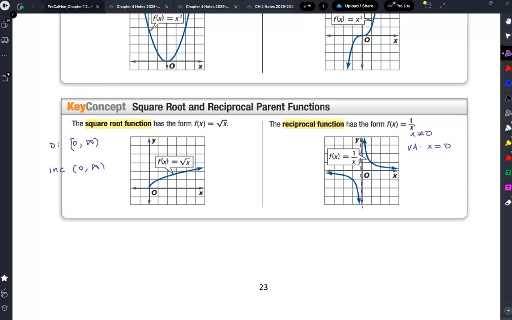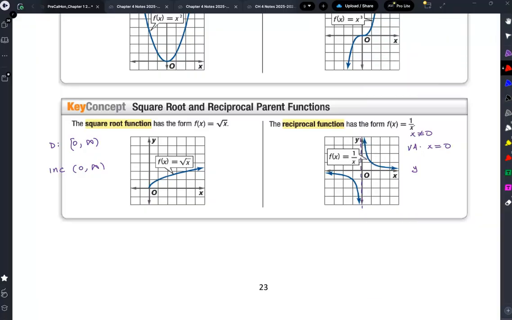Positive x. If I want a negative y value, what do I take? Negative x. If I want 0 for y, is there an x value that would give you 0 for y? No, there is not.